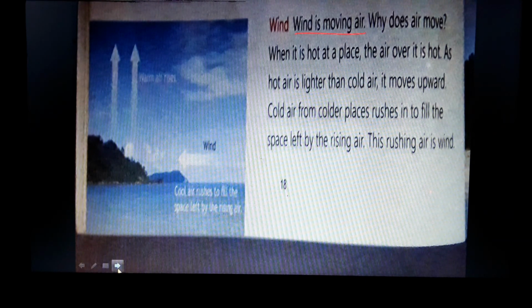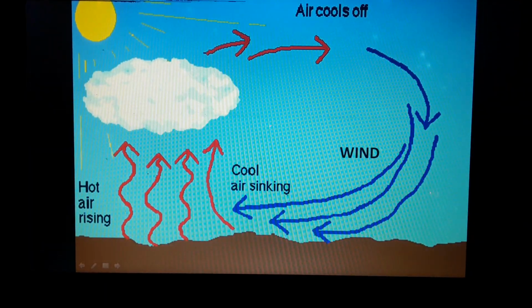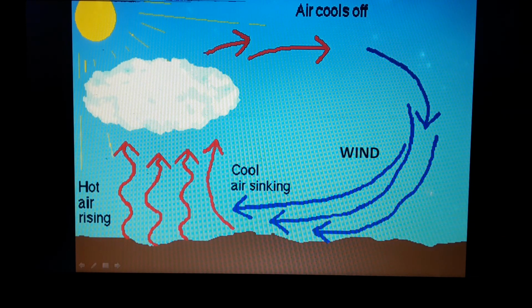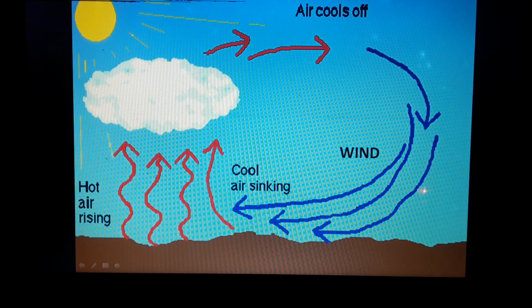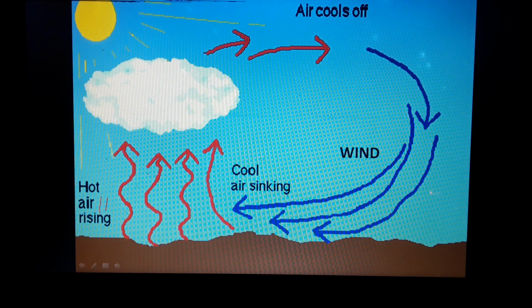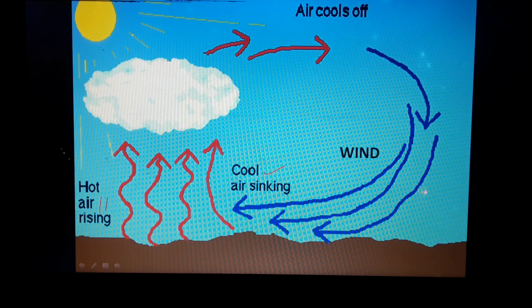If you follow this diagram, it is being said that hot air, see here in this diagram, is lighter compared to cold air. Compared to cold air, hot air is lighter.